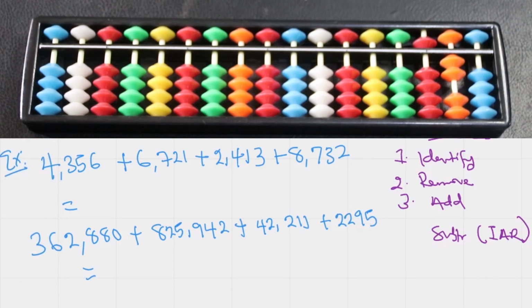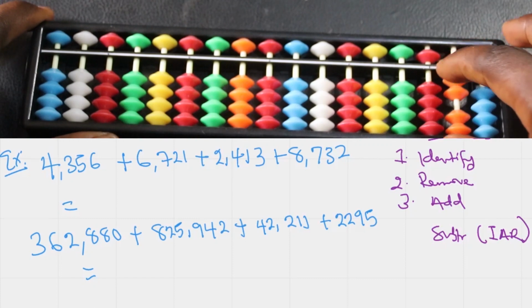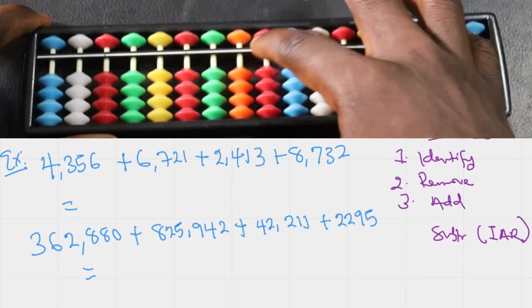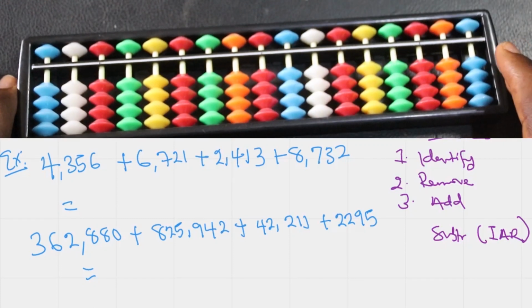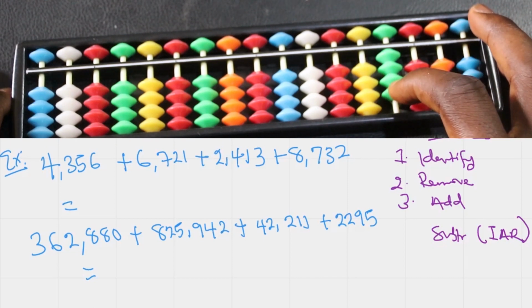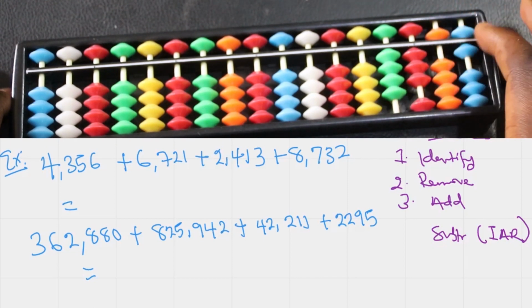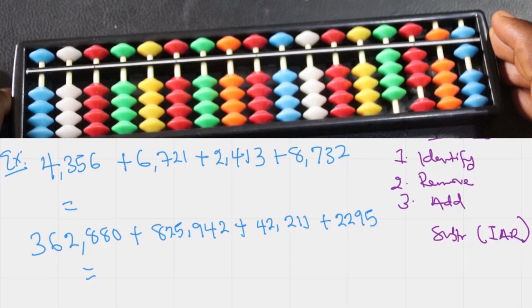And then we're going to be selecting our answers using the abacus. So let's get going. The first one, 4-digit rod, 4356 plus 6721 plus 2413 plus 8732. Let's get our abacus and pull it out. Reset your abacus very beautifully, and then let's go. We're using 4 rods. 4, 3, 5, 6 plus 6721.